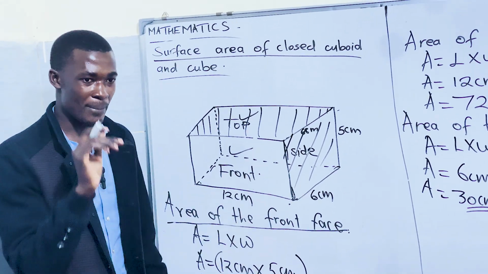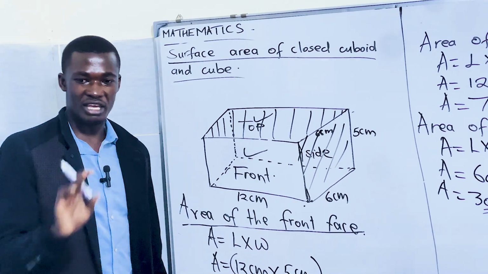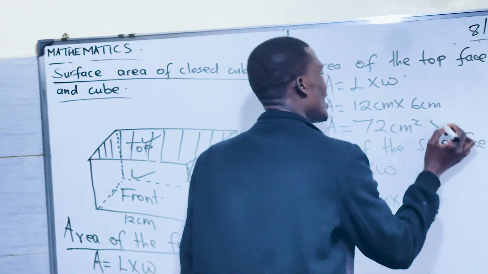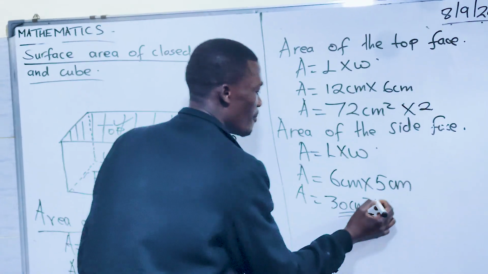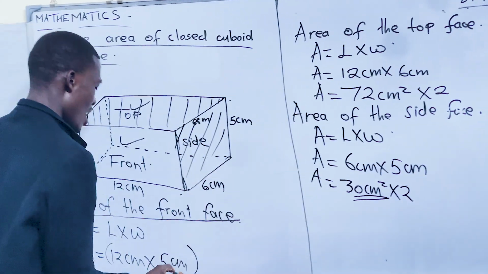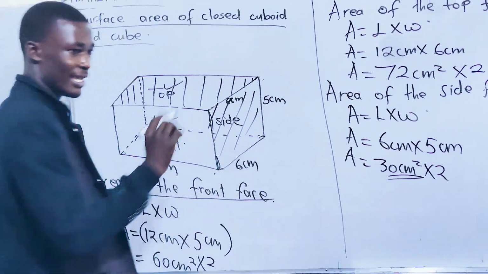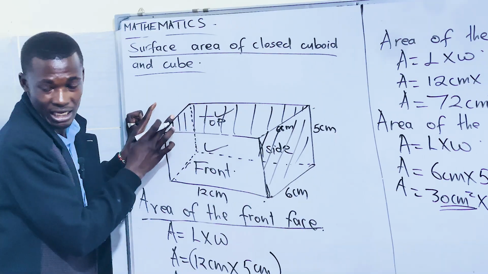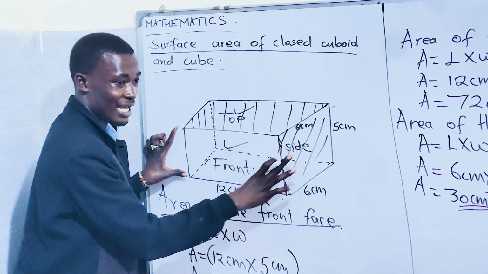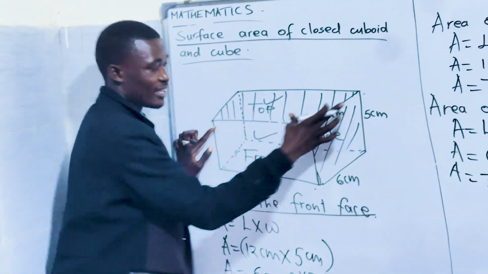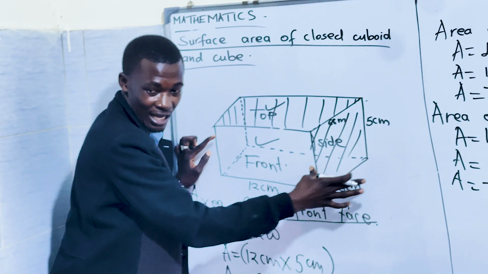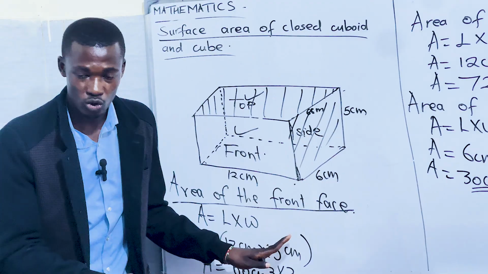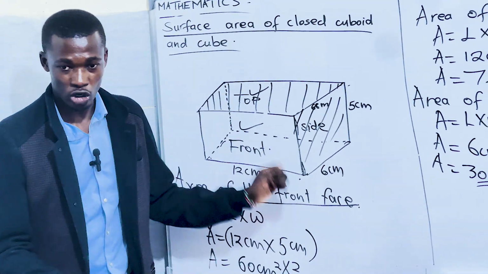So one of the ways of getting the total surface area, we can decide to multiply this by 2, multiply this by 2, and multiply this by 2, because we have two parts that are similar to this, two parts similar to this, and two parts similar to this. Are we together? So when we multiply by 2 by 2 by 2, we will get the total surface area.